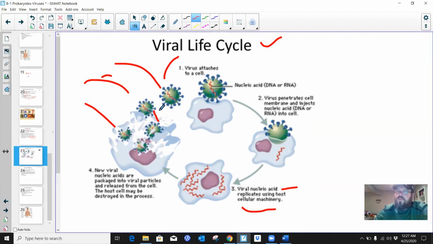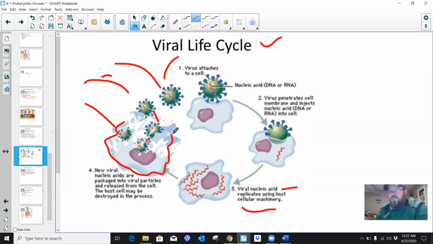So the cell is almost unknowingly, the genetic code that is injected into it is unknowingly causing it to create more copies of this, what ultimately becomes a very harmful, right, end to this life cycle. Okay.